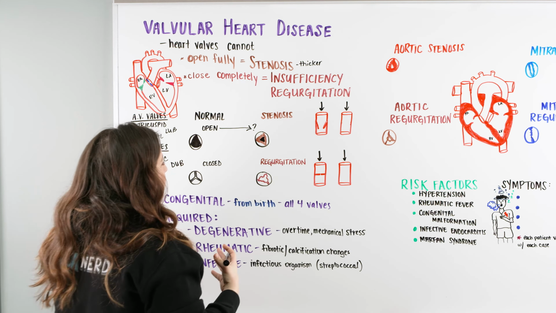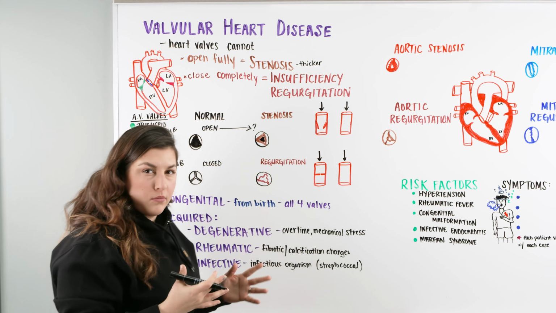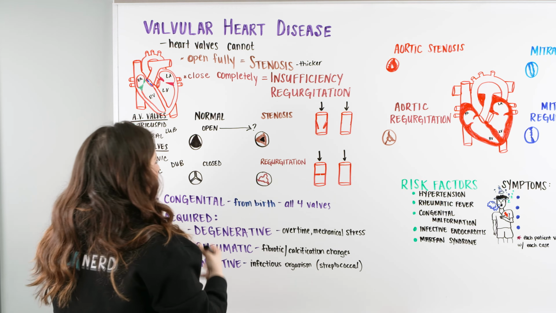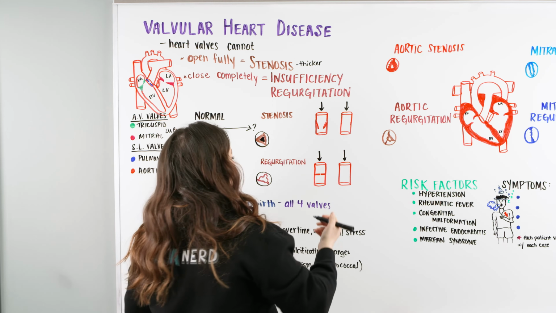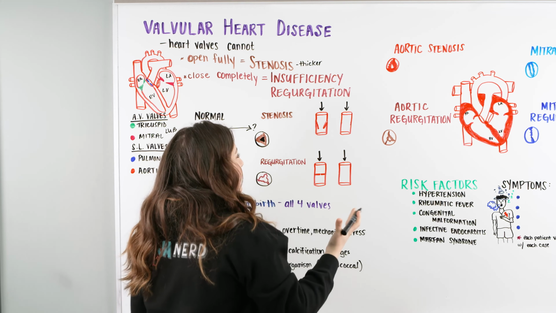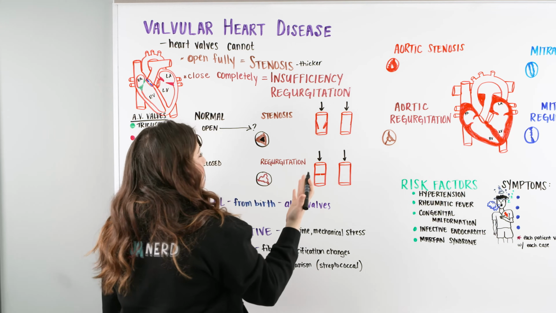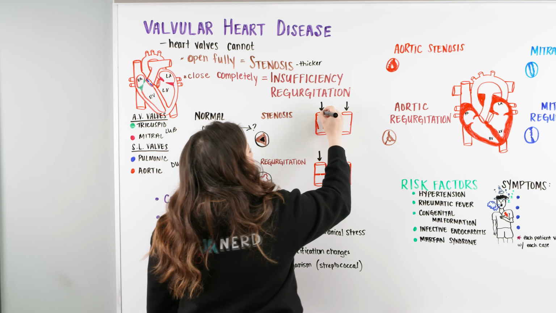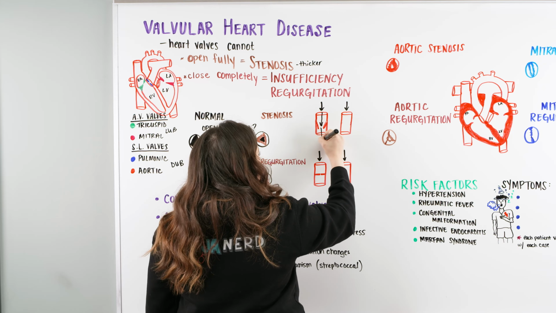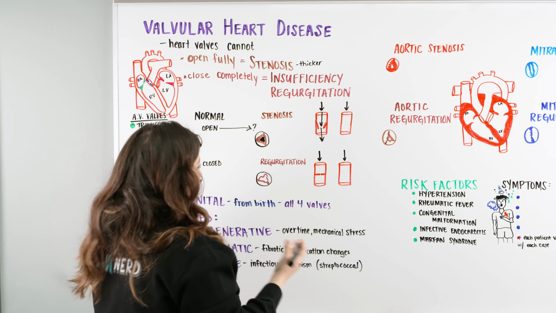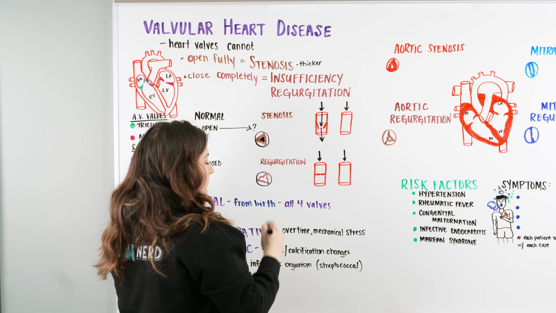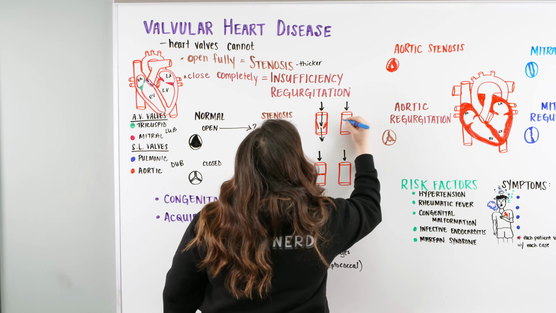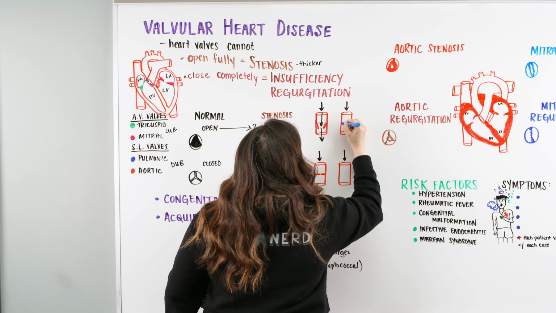Because of that, we're having problems pushing blood through and efficiently opening up, and therefore problems with things flowing by it. To make it make more sense in your mind, I have two vessels drawn here. The one on the left is our nice open valve, and as the blood goes through, it's perfect, it's beautiful. But on this side, we have a valve that is stenotic.